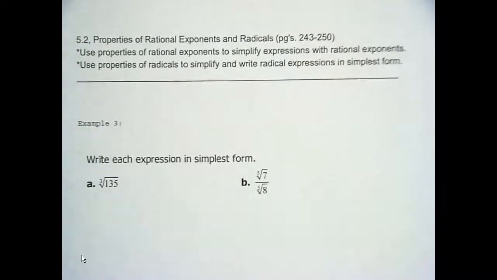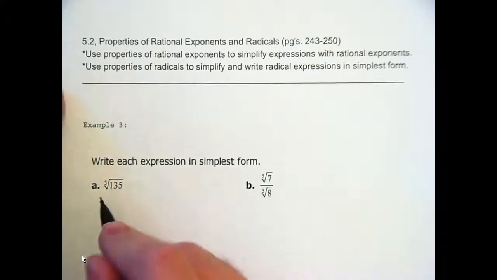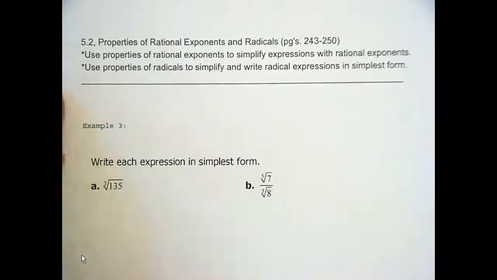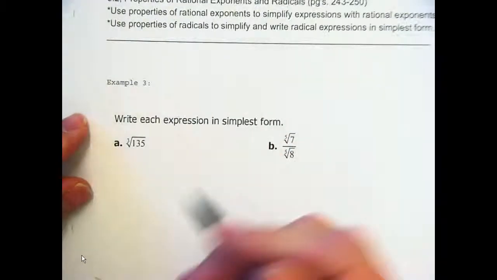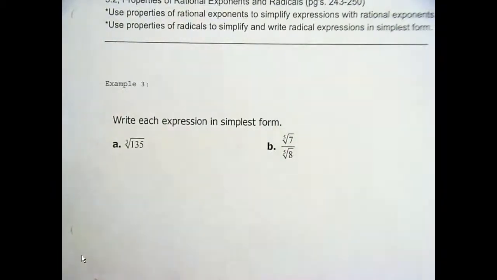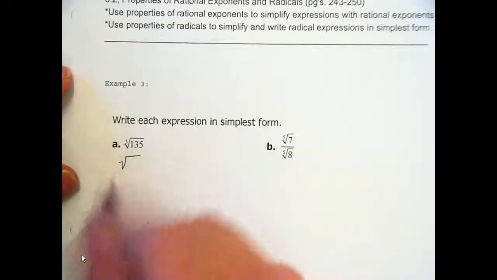Hey, can I have your attention back up here? The cubed root of 135, we're trying to break that down into a perfect cube. 135 is not a perfect cube. However, a perfect cube that goes into it, if you think back to your list of perfect cubes you made yesterday, is 27.